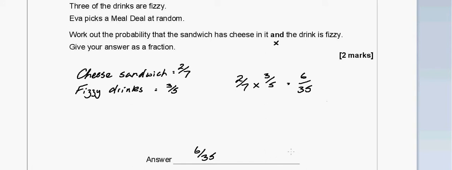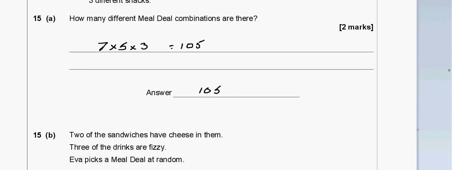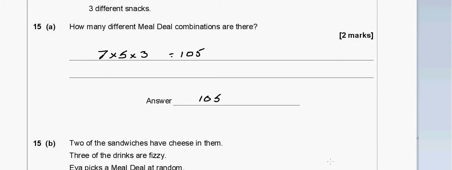Okay, that's it. So they've highlighted and for you to remember the multiplication. Okay, and then it's just a question of, well, what's the probability of a cheese sandwich and what's the probability of a fizzy drink? Okay, so I hope that helps. So we'll move on to the next question.